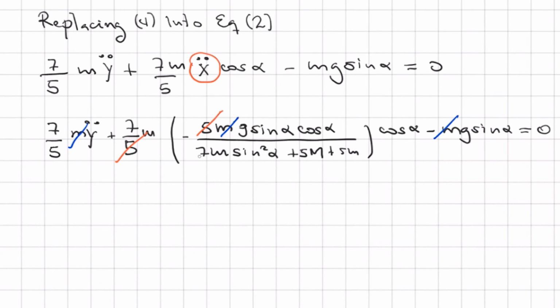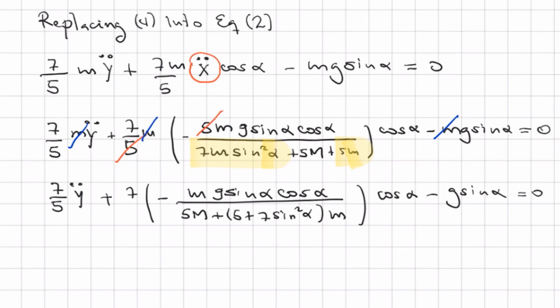I will take common factor m out of these two terms, and the equation is going to look like this. The next step is to multiply every term of the equation times 5/7. Then I cancel 5, 5, 7, 7 as well.